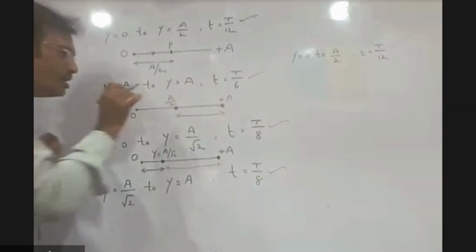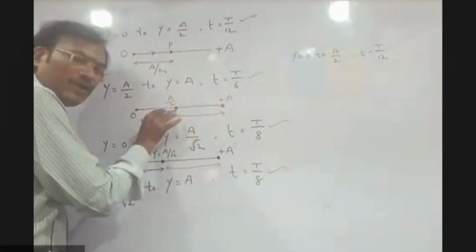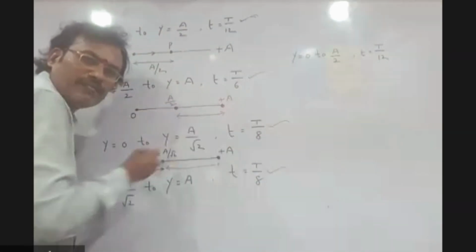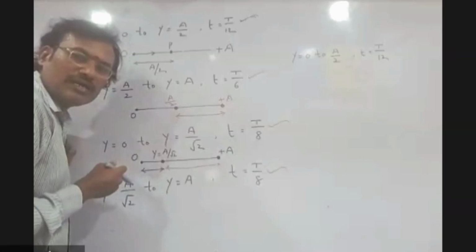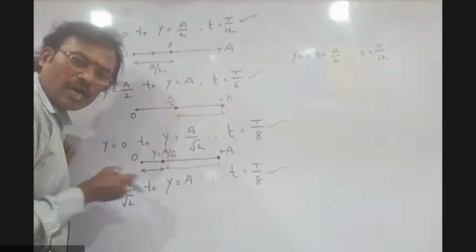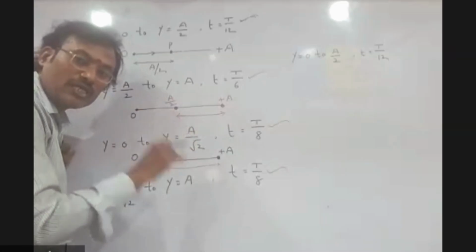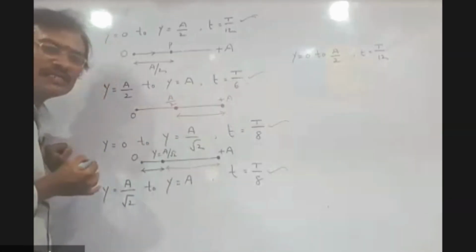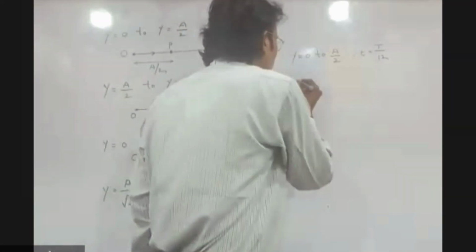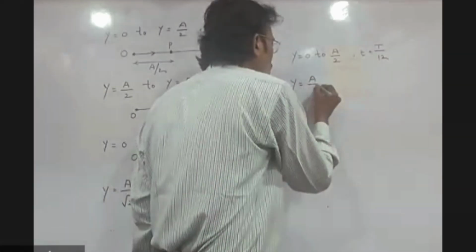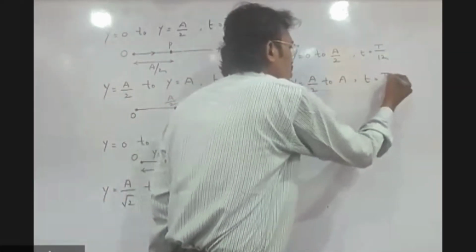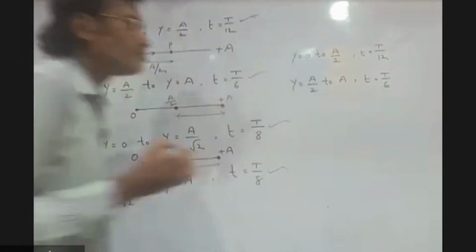T by 6. So already the particle reached A by 2, and from A by 2 to the extreme end, how much time is taken to reach from A by 2 to A? T by 6. So here you write Y is equal to A by 2 to A, time is T by 6.